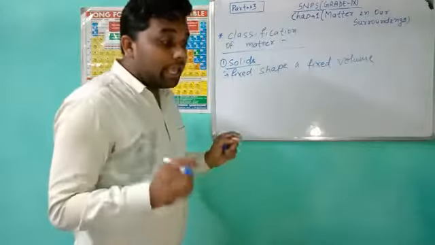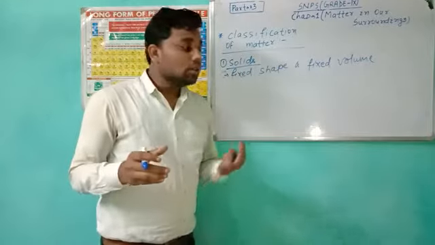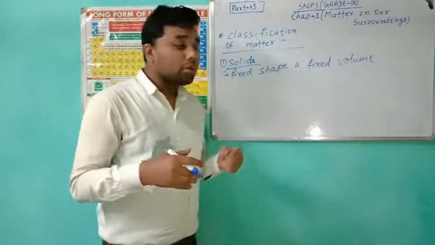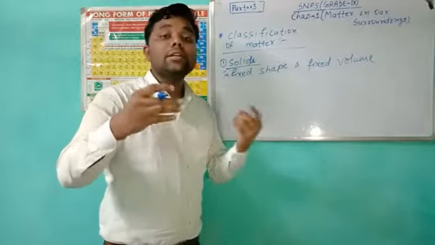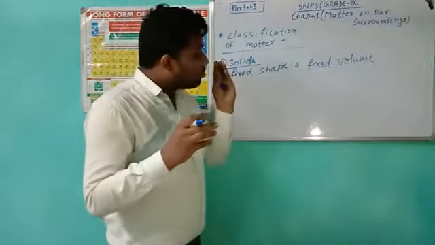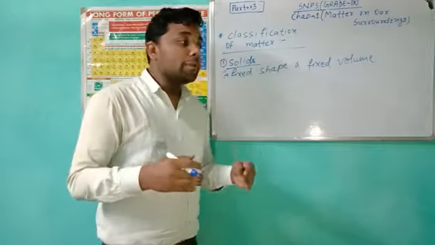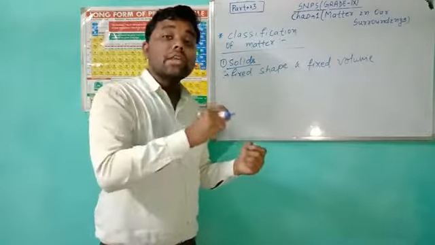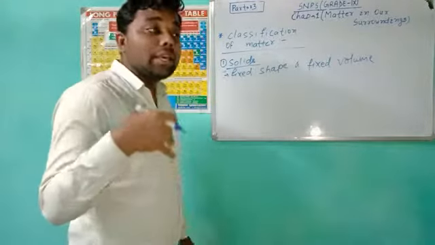That means if we take an iron piece, its shape does not change until we heat the iron piece. If solids are at room temperature, they remain in that shape, and it cannot be changed until we heat it.